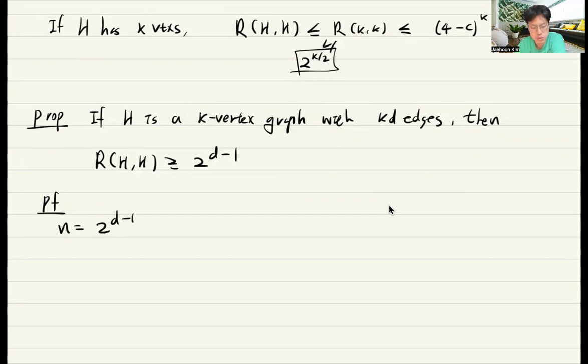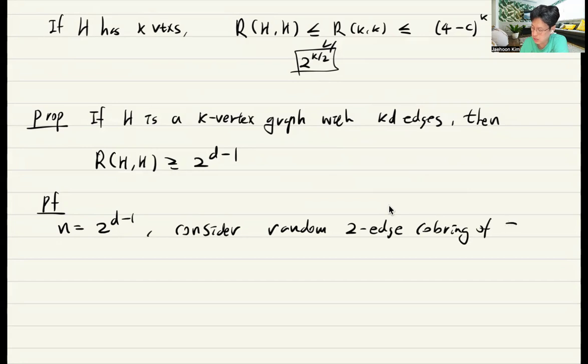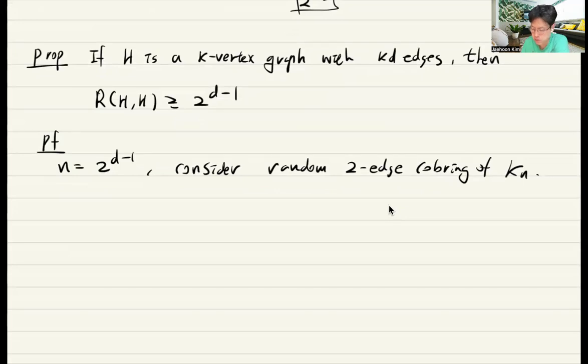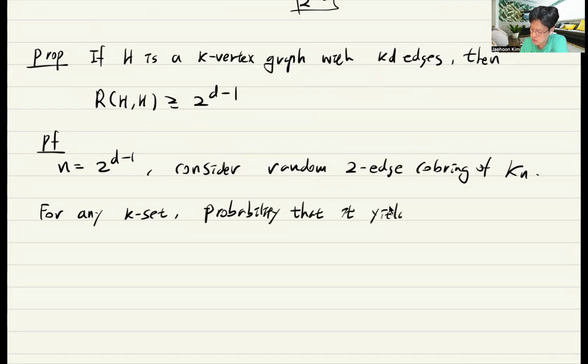Let's just take n as 2 to the d minus 1 and consider a random 2-coloring of K_n. Then for any vertex set of size k, we can compute the probability that this k-vertex set yields a monochromatic copy of H.